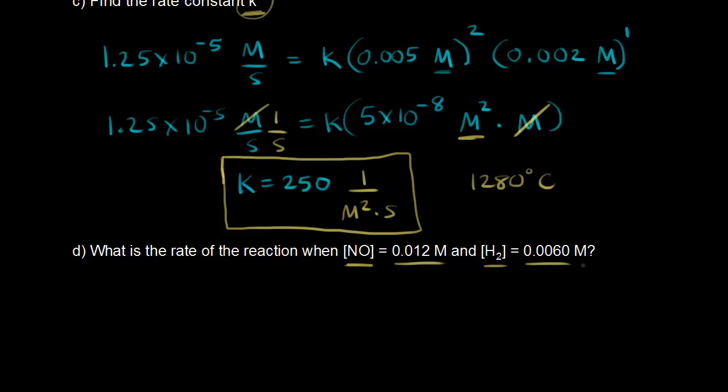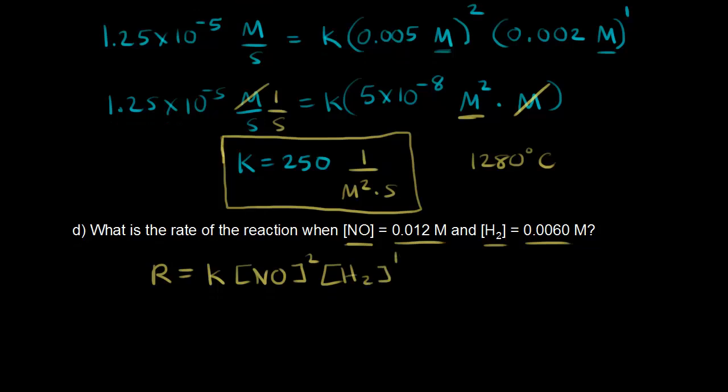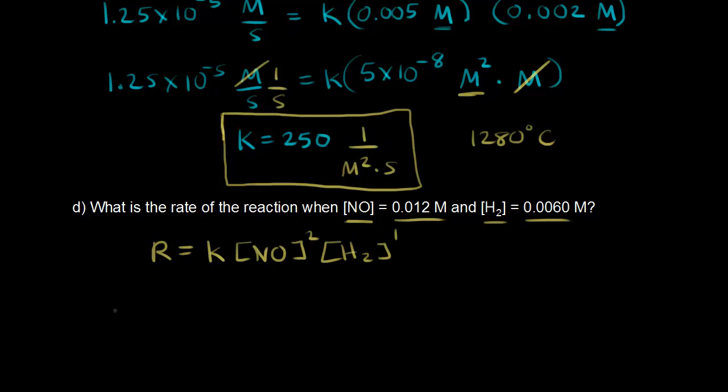Well, we can use our rate law. So our rate law is equal to what we found in A. Our rate law is equal to K times the concentration of nitric oxide squared times the concentration of hydrogen to the first power. So our goal is to find the rate of the reaction. So we're solving for R here, and we know what K is now. K is 250, 1 over molar squared times seconds.